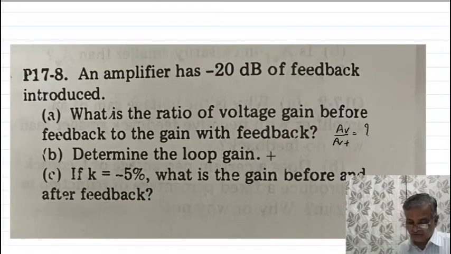Second question: what is the loop gain? So they are asking KV. Here they are asking you AV upon AVF, and here they are asking you the loop gain KV.